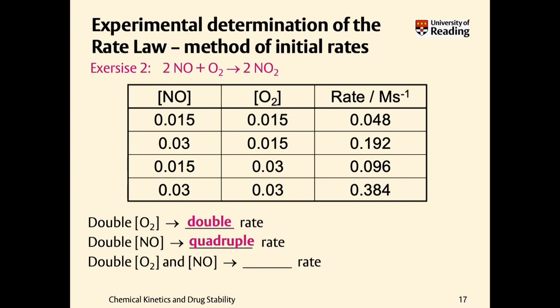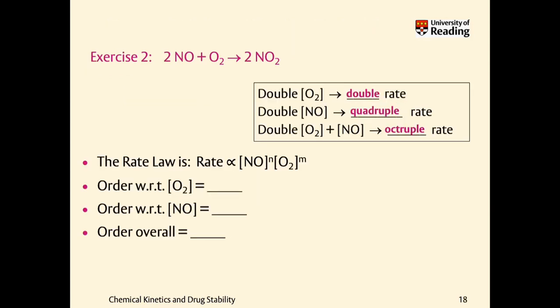And this is the combination of the 2 times from doubling of the oxygen and the 4 times from doubling of the nitric oxide. This means the rate is proportional to the nitric oxide concentration squared times the oxygen concentration.